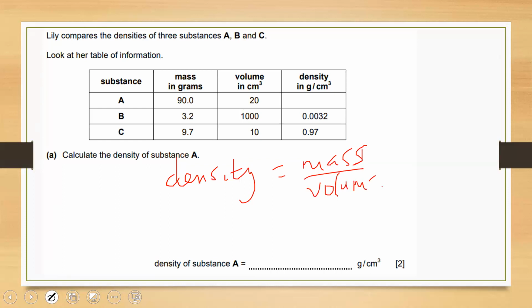So I'll just put the mass, which is 90, over the volume, which is 20. I'm doing this directly because the unit is in grams per centimeter cube, so there's no need for me to convert units. I can just divide and have 4.5 grams per centimeter cube.